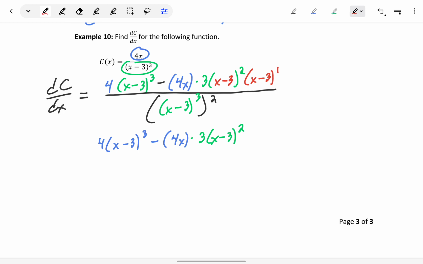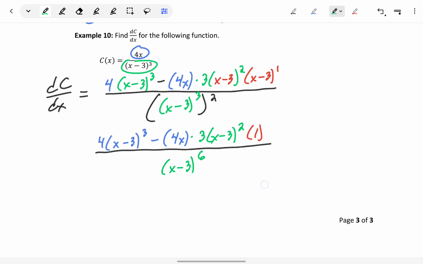When we take the derivative of that interior function we had in the numerator, that will just be 1. And still all over that denominator squared. So this will be x minus 3 raised to the third power raised to the second power. So that'll be raised to the sixth power once we multiply those together.